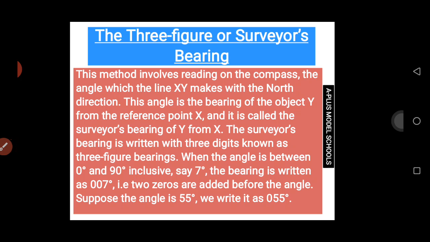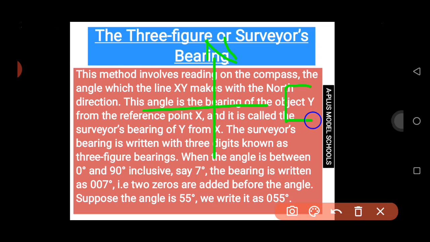Now, this method involves reading on the compass the angle which the line XY makes with the north direction. For instance, if I have north, east, south, and west, and I have a direction here, which is northeast.